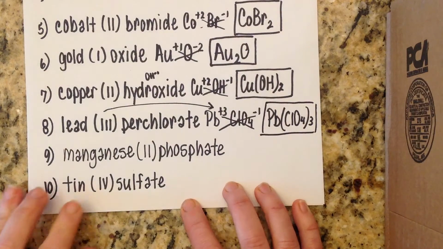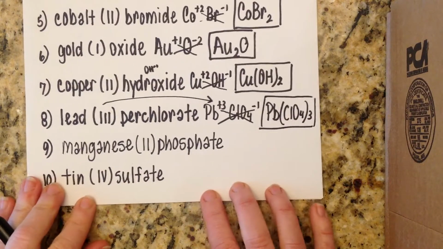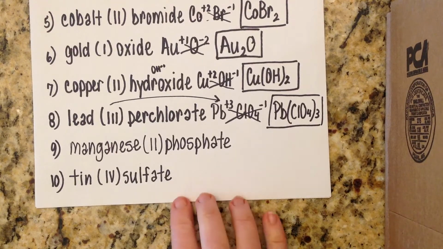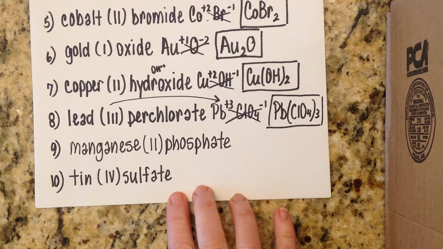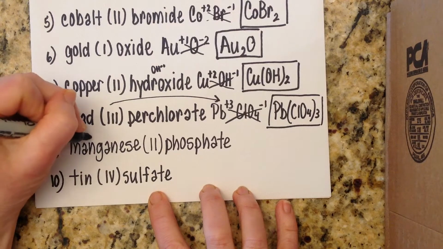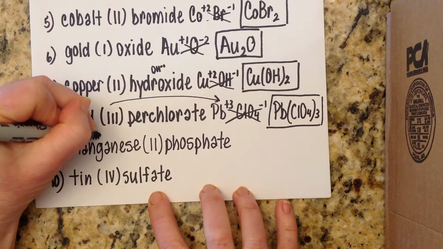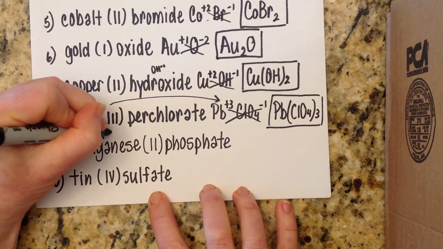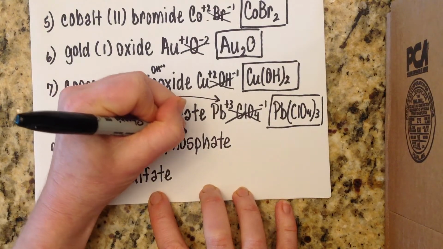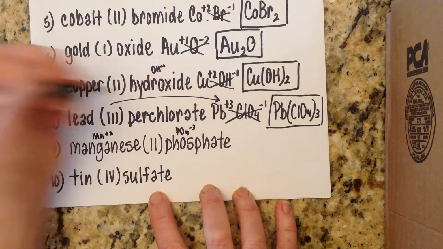All right, we have 2 more, and I just feel like you've got this. So number 9 is manganese, not to be confused with magnesium. Manganese-2 phosphate. I'm just going to put the charges right here in the interest of saving some space. Manganese is Mn. They're telling me it's +2. We know phosphate is PO4 -3.